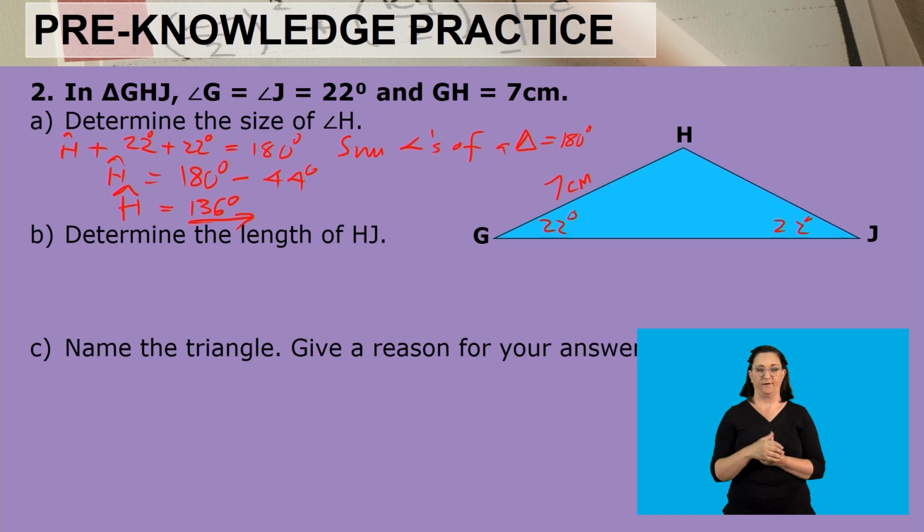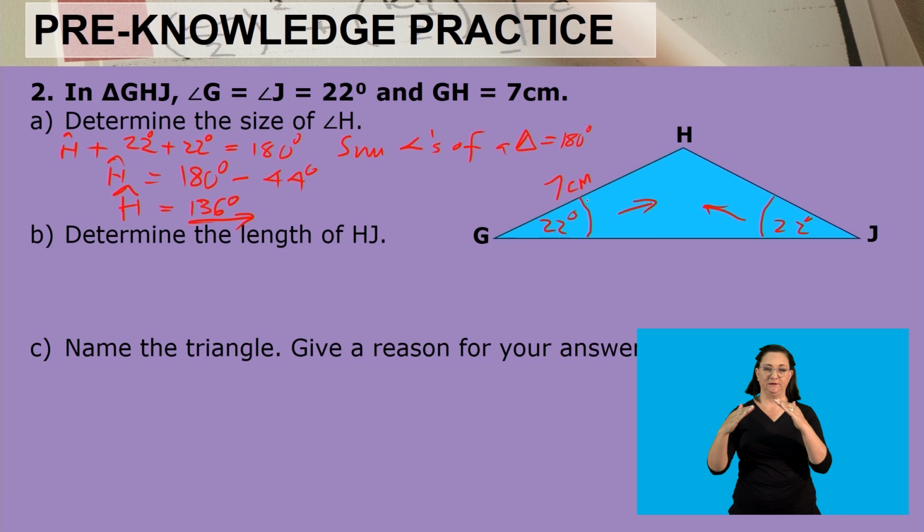Okay, and then we continue labeling our triangle, and now we are to determine HJ. Already, if we have angle G and angle J and they are equal, that means this triangle would then be an isosceles triangle, because the two angles that are equal would also have opposite them the sides that are equal. So side HJ equals 7 centimeters as well.